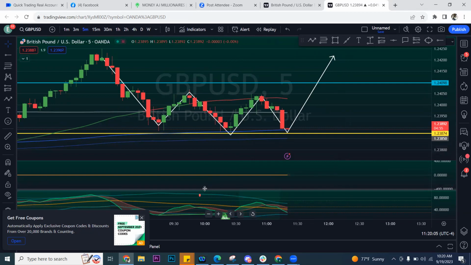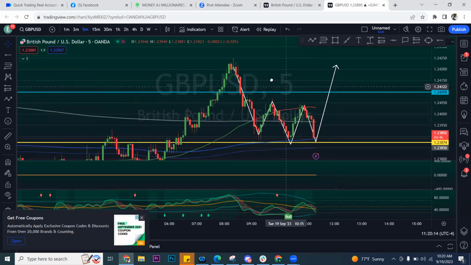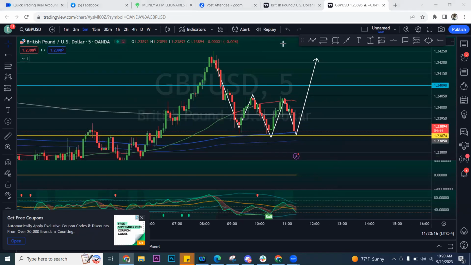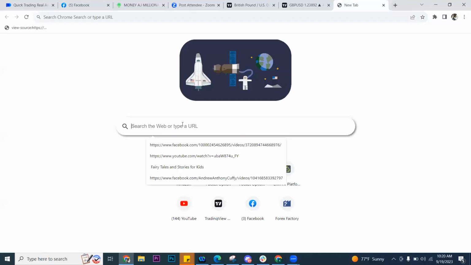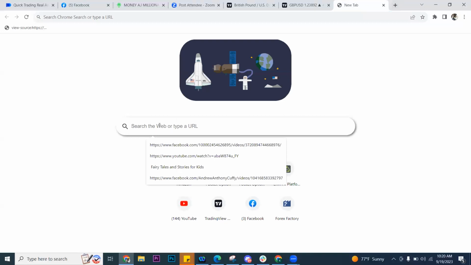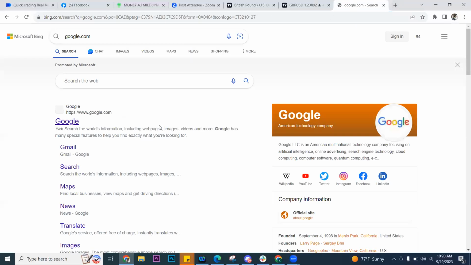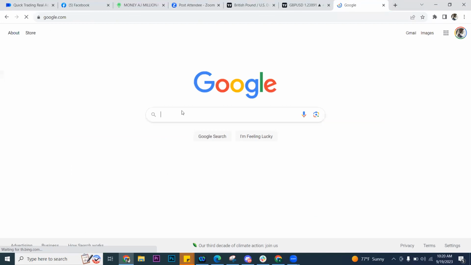It just hit, okay, 10:20 Central. So this is what a reversal pattern looks like.